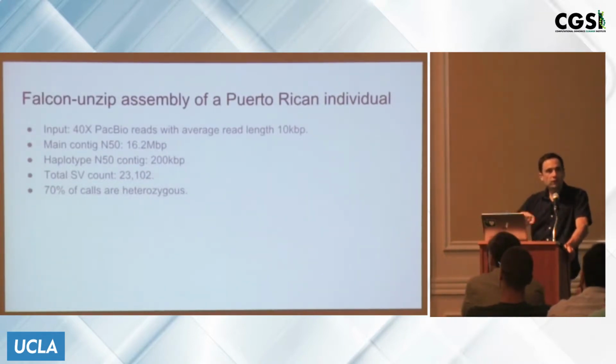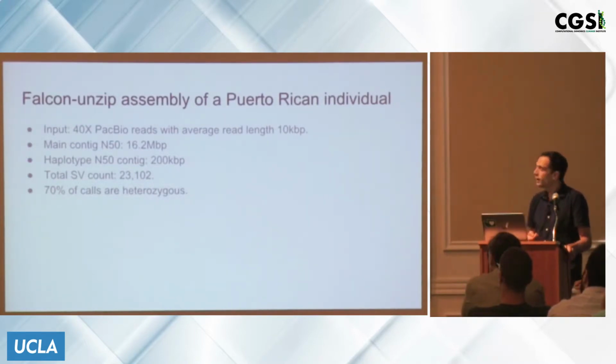The haplotype N50, so these are all of the extra sequences that could be resolved from the alternative haplotype, was about 200 kilobases. It doesn't really make too much sense to define a haplotype N50 for these assemblies because they essentially only exist at the structurally divergent regions, and so you only have very small regions where you have haplotype differences. So total SV count, about 23,000 sites, 70% of which are heterozygous.